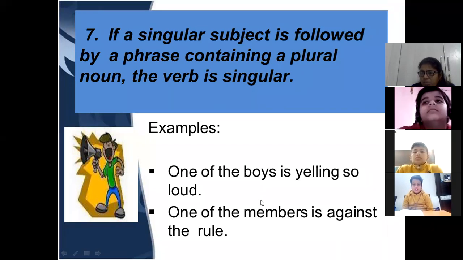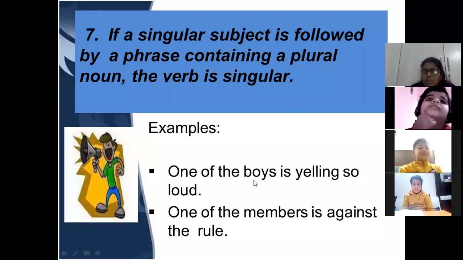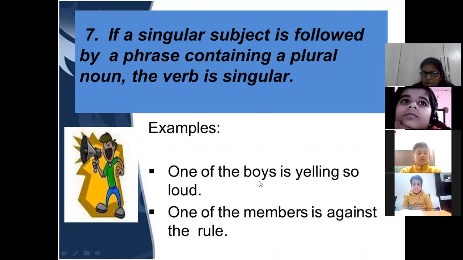It is not giving us any meaning. So this is the phrase, one of the boys. And here boys is a plural noun. Same with one of the members: members is your plural noun. So when a singular subject is followed by a phrase containing a plural noun, the verb is singular. How?